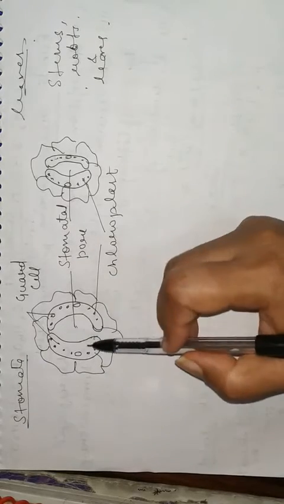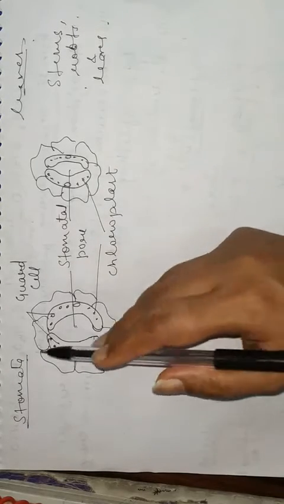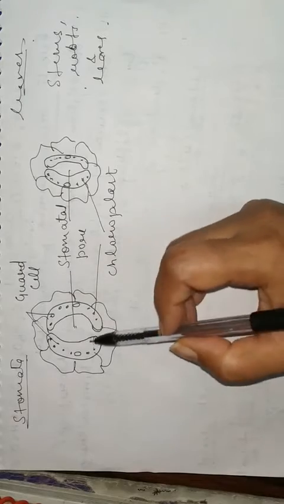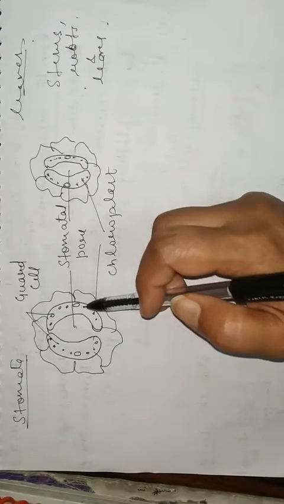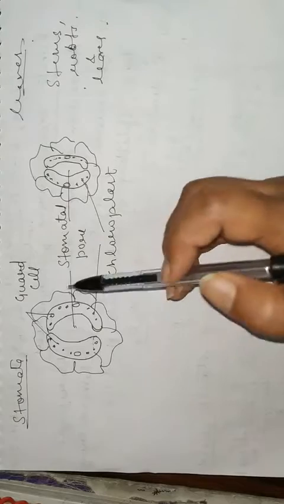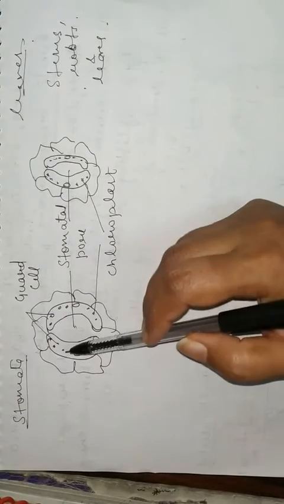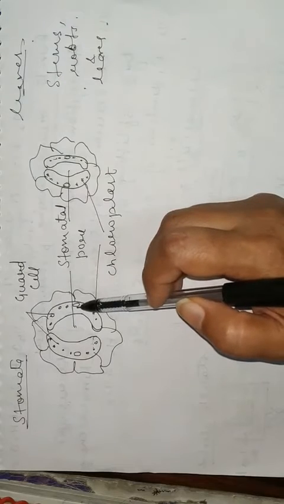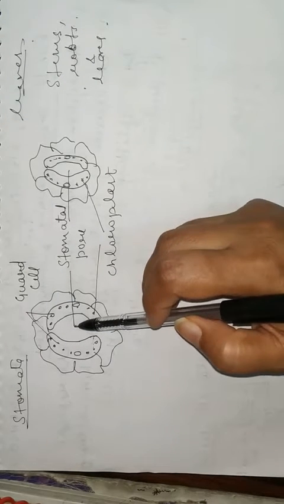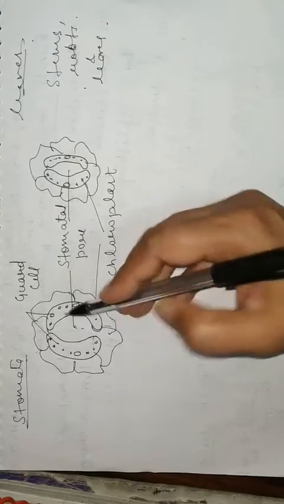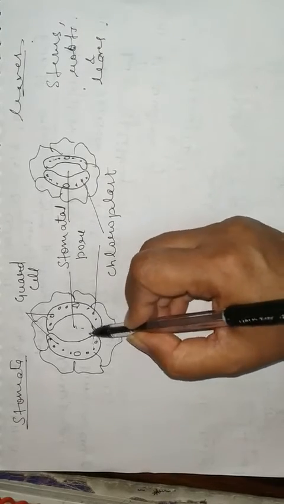Now this is the structure of stomata. In the stomata, two guard cells are present. When these guard cells swell, it means water inflows into the guard cells. They swell and the stomatal pore is open, and the gaseous exchange takes place from these pores.